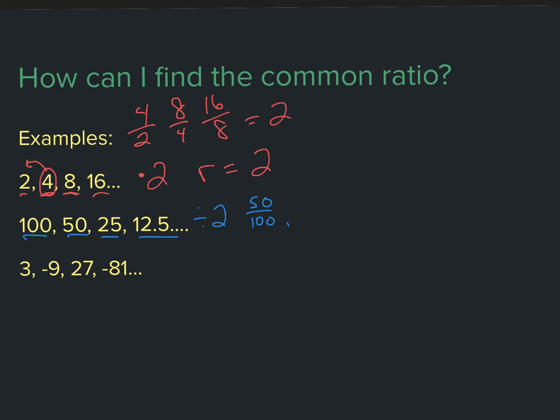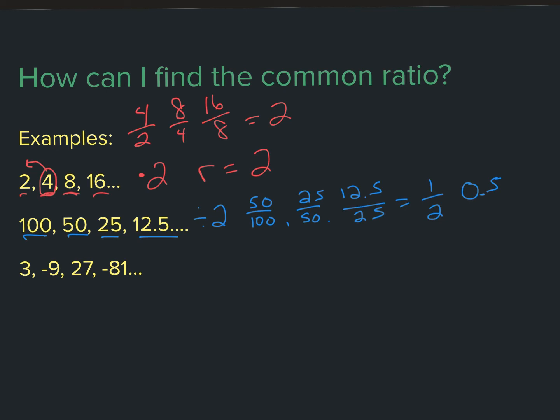And we can also check 25 over 50, 12.5 over 25. If I do any of those, you're going to get 1/2. Or we can also write that as 0.5. So that's our common ratio, 1/2.